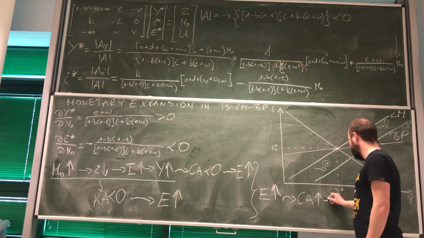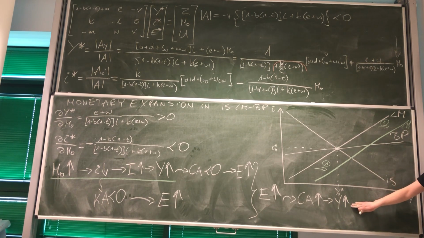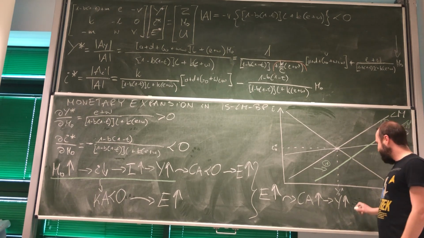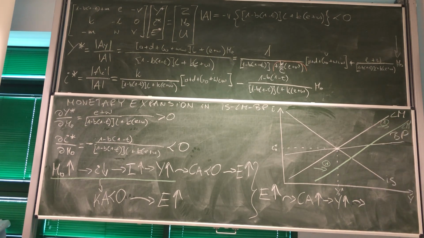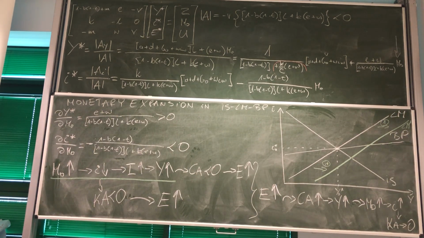As the current account is improving, we buy less from the outside world, we sell more, and our income is going up. As our income is going up, money demand is going up, and higher money demand means a higher interest rate, and a higher interest rate creates a pressure on the capital account to get back to zero.